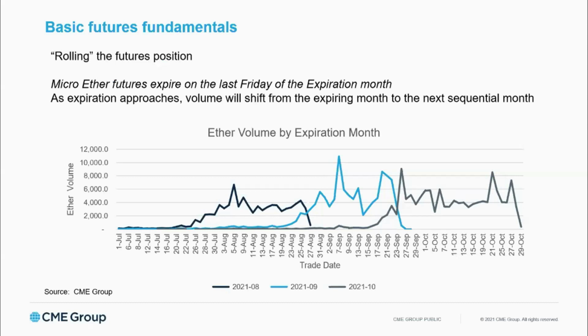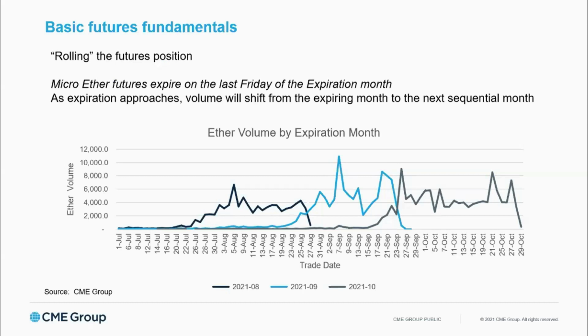In this, they're trading an August contract. So the black line signifies an August contract. You see the volume around mid-August starts spiking. It's around 6,000 contracts. And then when you get toward the end of August, that's when that contract is approaching expiration.